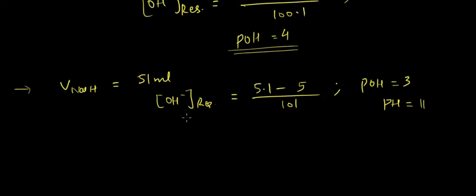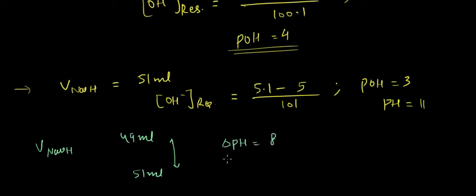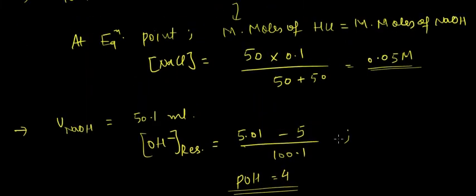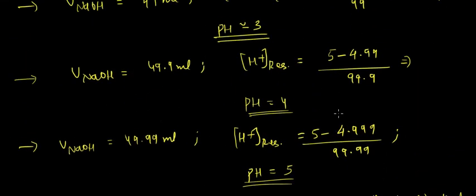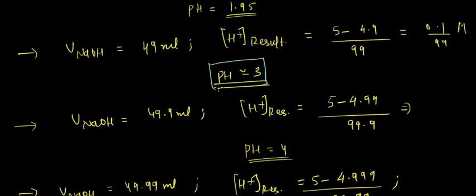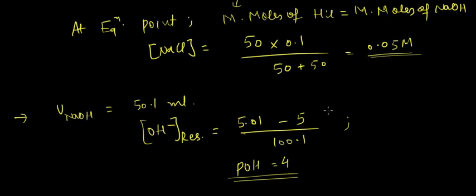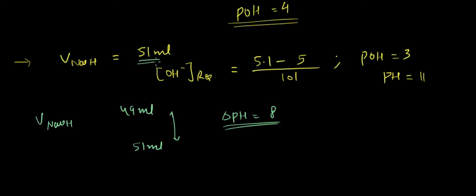So we can see that when we increased V of NaOH from 49 to 51 ml, the overall change in pH, delta pH, would be 8, because at 49 we saw that pH was 3, and when V of NaOH was 51 we saw that it is 11, so delta pH is 8.